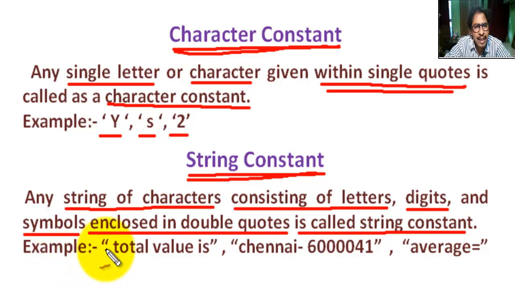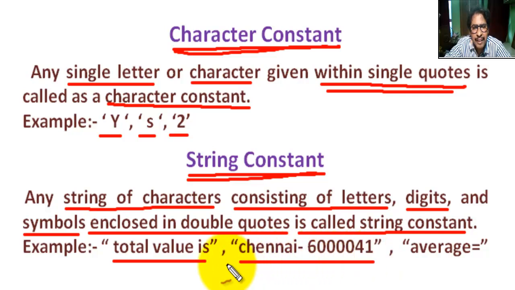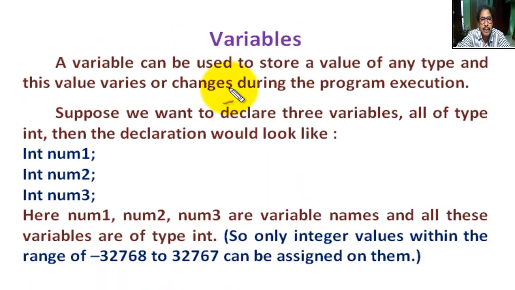Okay. For example, within double quotation, total value is. For example, within double quotation, Chennai dash 600041. For example, within double quotation, average equal to. Okay.